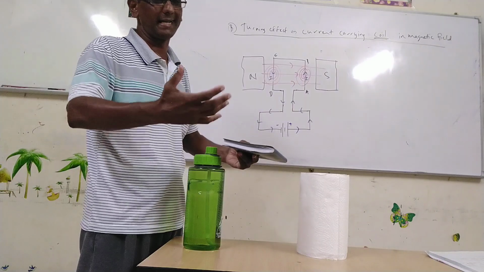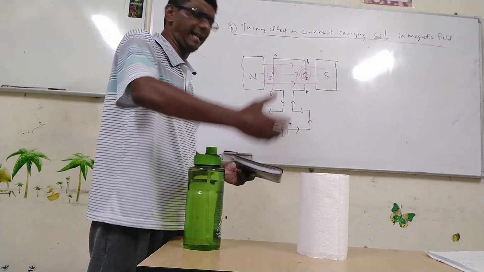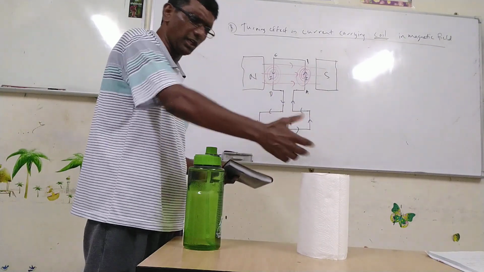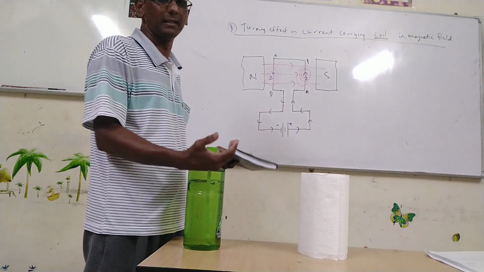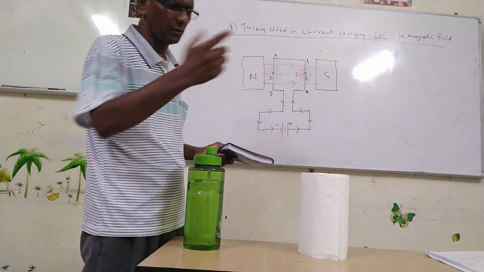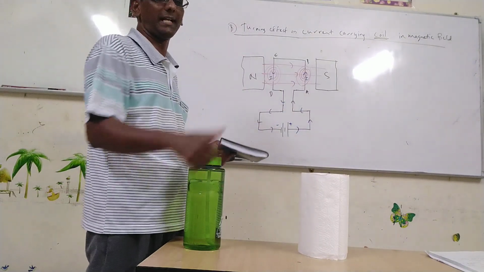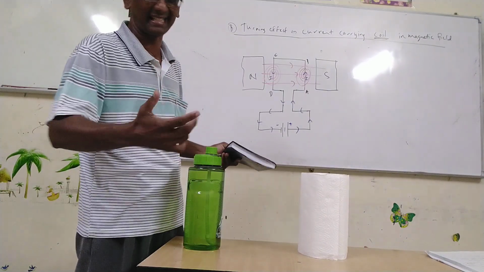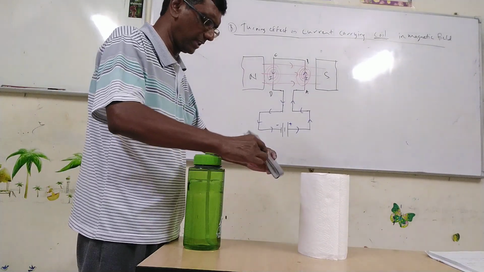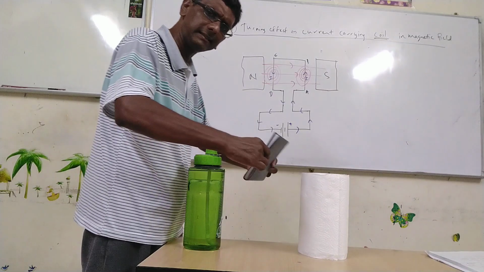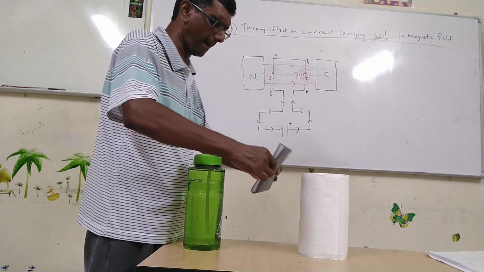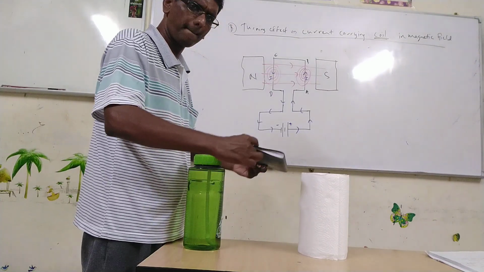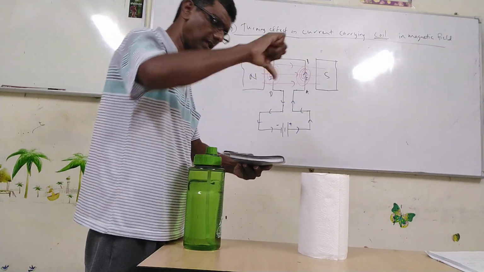We can get anti-clockwise by changing the direction of the current or changing the poles of the magnet. I will give you a question on anti-clockwise, maybe next class. So this is the turning effect, with one side upwards and the other downwards.